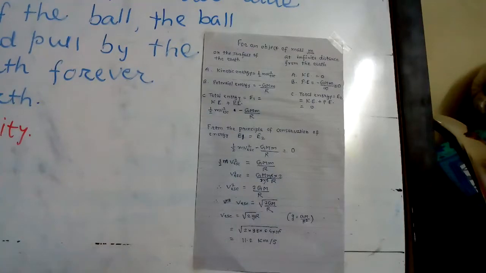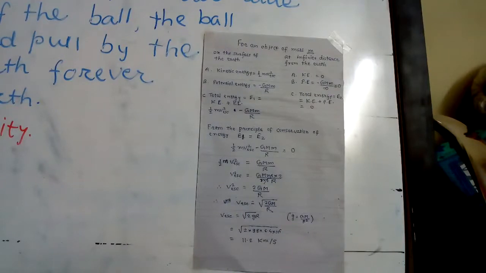Now the value of g you know, 9.8. The value of R, that is the radius of the Earth, is 6.4 into 10 to the power 6 meters. Putting down these values, we can calculate. It becomes v escape equal to 11.2 kilometers per second.